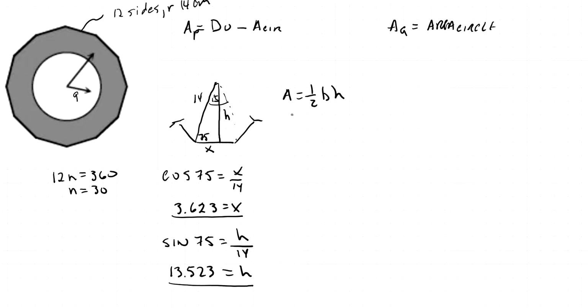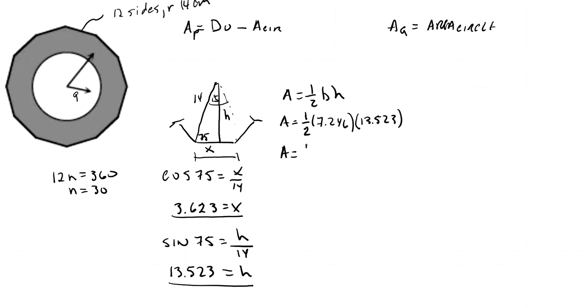And then I'm going to put them in my formula here. A equals 1/2 the base. Now remember, x is 3.623, and I'm going to multiply that by 2, so we want that whole length of the base. So that's 7.246 times the height, which was 13.523.